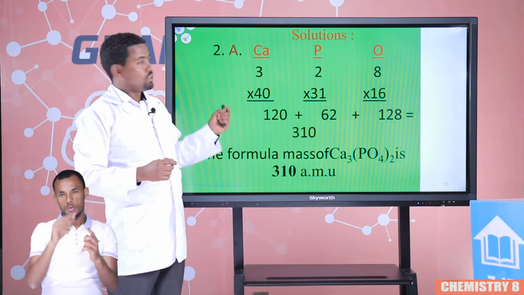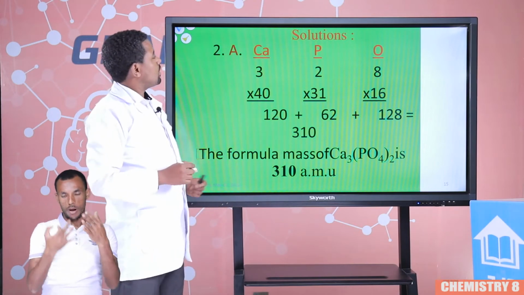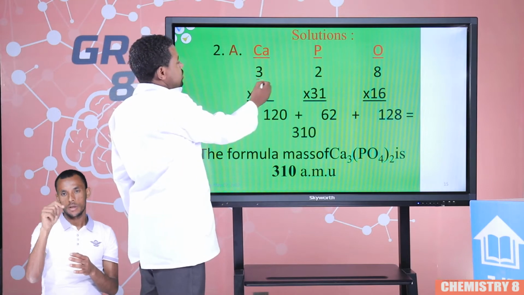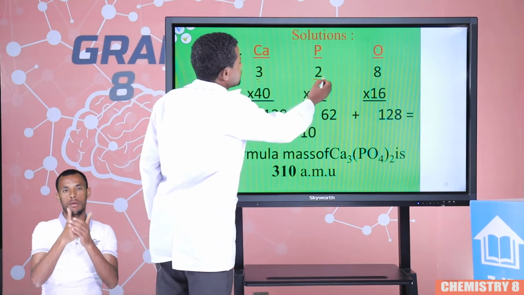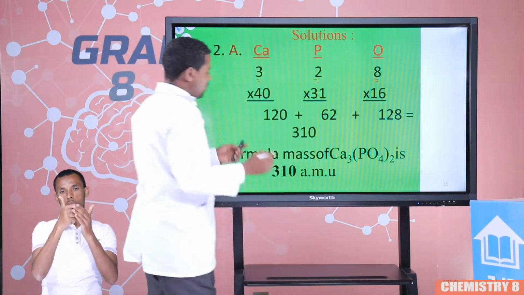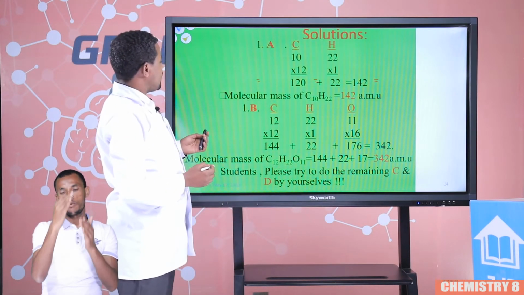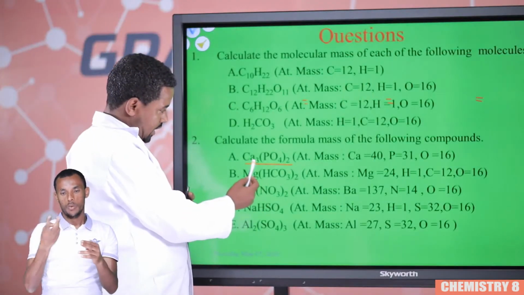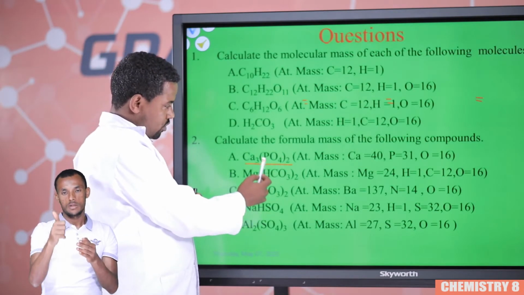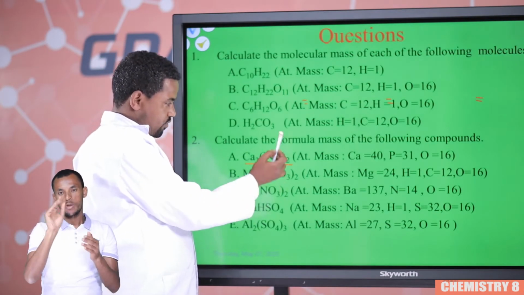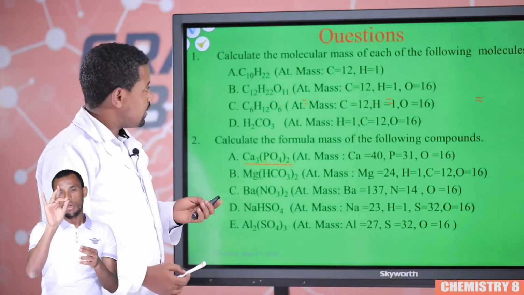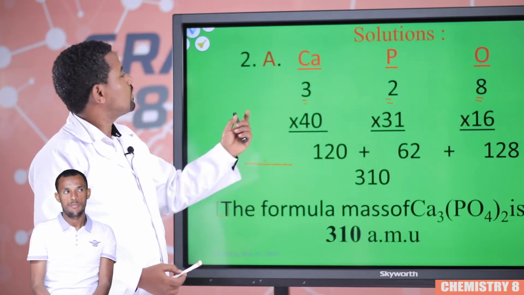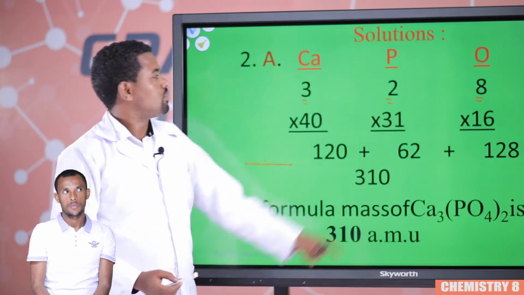From question number 2, which is formula mass, let's see calcium phosphate. In calcium phosphate, there are 3 atoms of calcium, 2 atoms of phosphorus, and 8 atoms of oxygen. Let's see how it is 8. Look, here we have 3 atoms of calcium, 2 atoms of phosphorus, and 2 times 4, 8 atoms of oxygen. That is why we have listed it here.